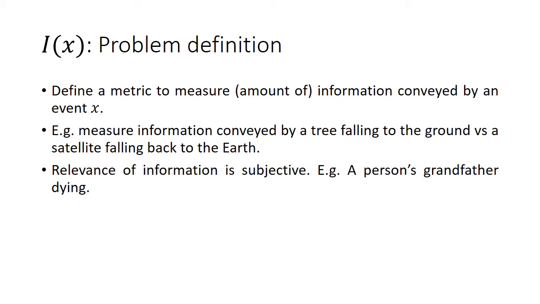So we know that the relevance of information is subjective. For example, a person's grandfather dies, right? That person definitely cares about his grandfather dying. His family cares. His friends probably care. But does an unknown person care if this person's grandfather has died?